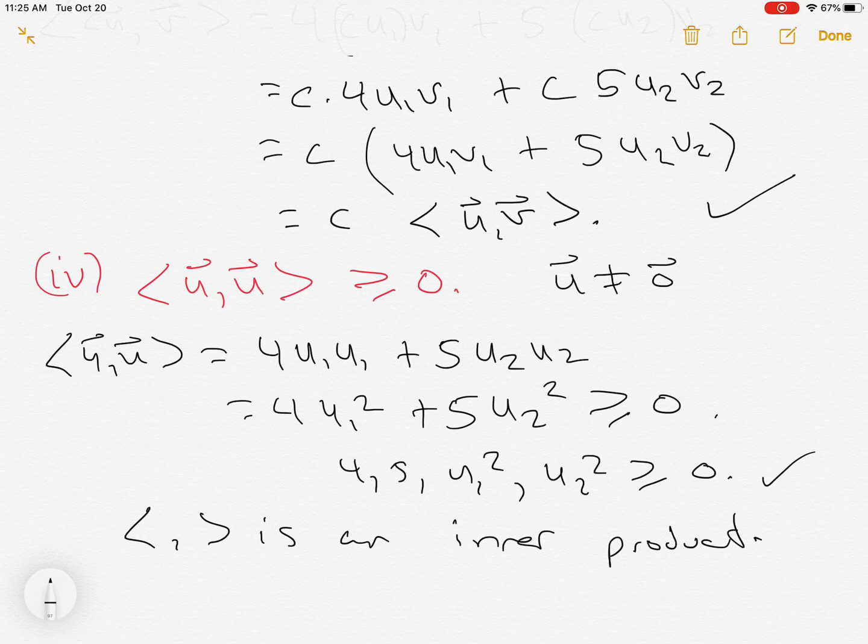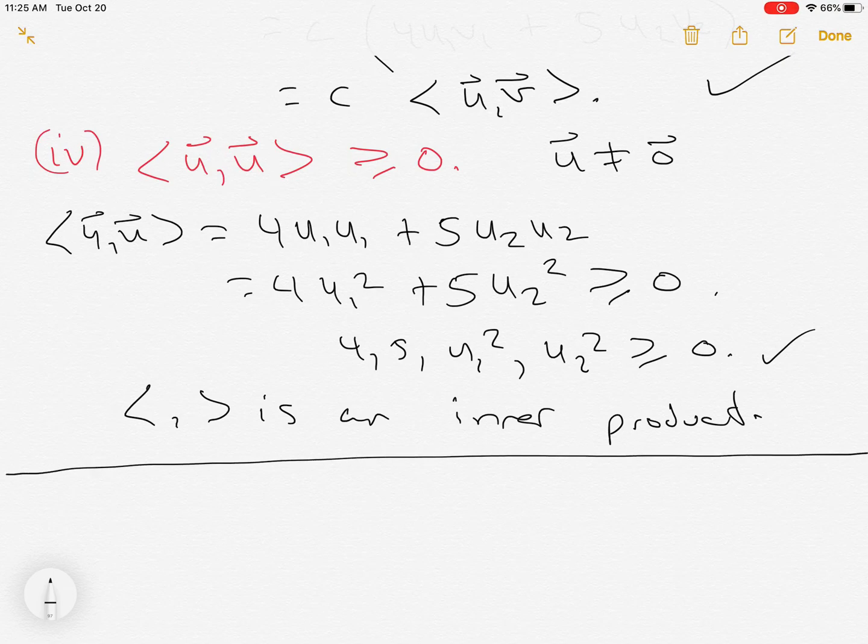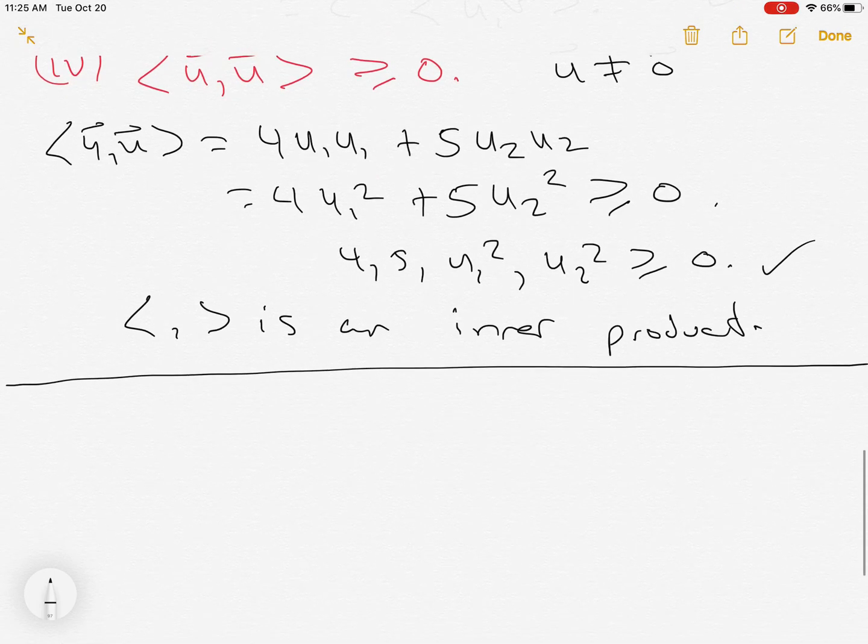Okay, so now we've done the example with R2. And this is the part where it gets super fun because we're going to extend this to something not Rn-ish. Okay, so I'll make a note here. In Rn, particularly R2, the idea of length is easy to understand.